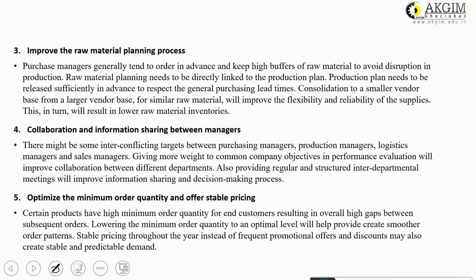Certain products have a high minimum order quantity for end customers, resulting in overall high gaps between subsequent orders. So lowering the minimum order quantity to an optimal level can help create smoother order patterns, right? So these are some ways.